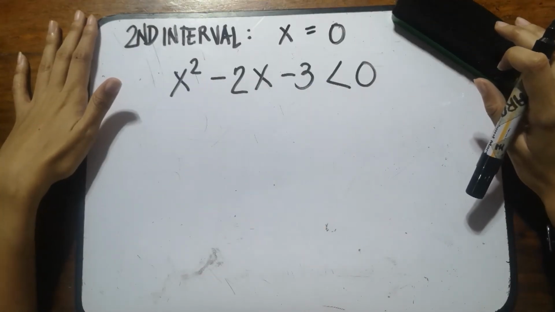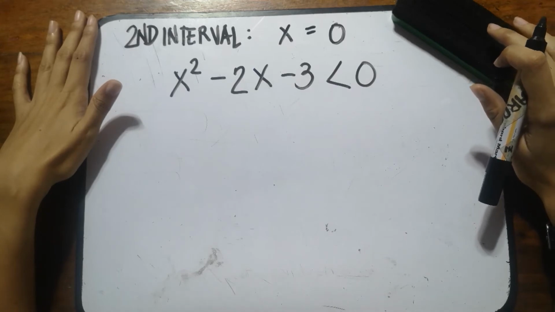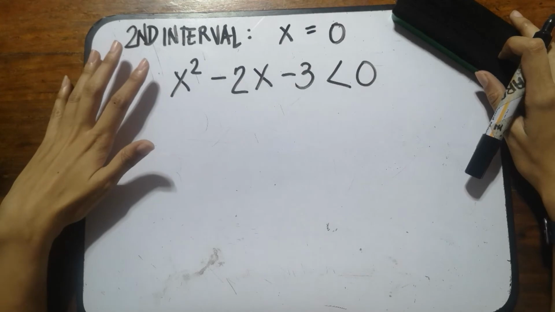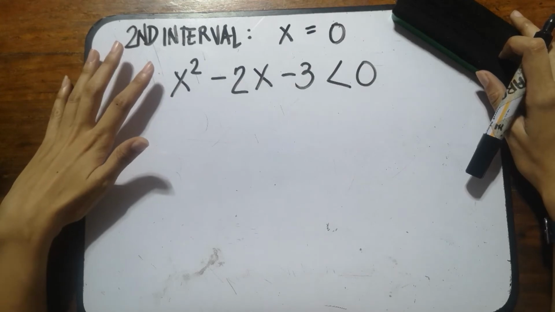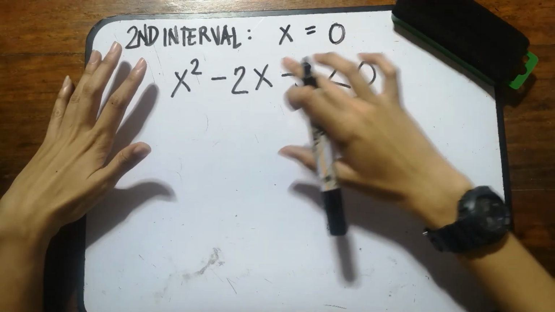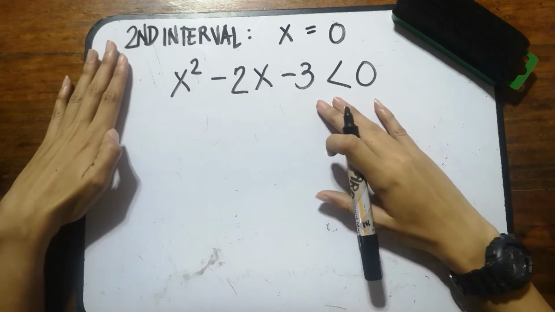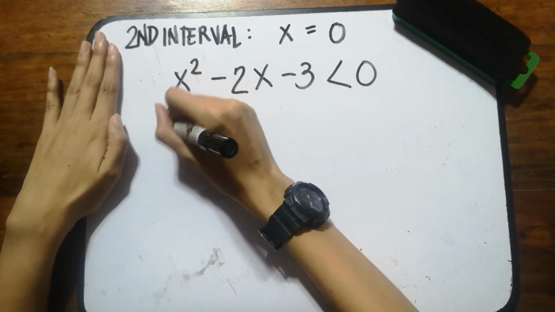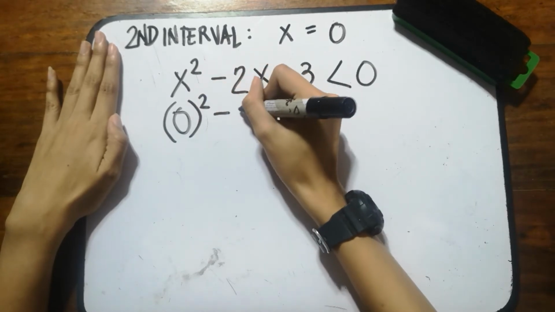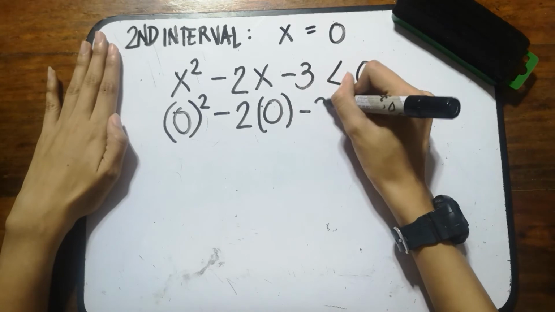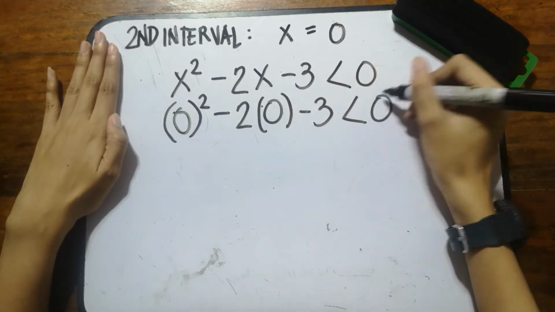Now, let us test the point value 0 to see if it satisfies the given inequality x squared minus 2x minus 3 less than 0 by the substitution method. Let us substitute 0 for the variable x in the given inequality. So this will now become 0 squared minus 2 times 0 minus 3 less than 0.